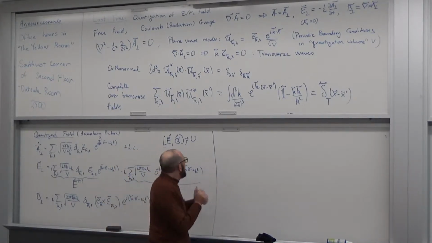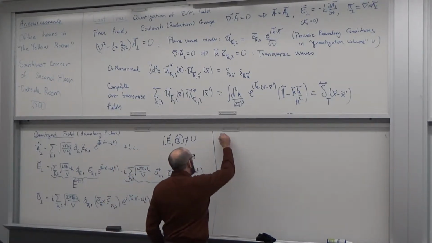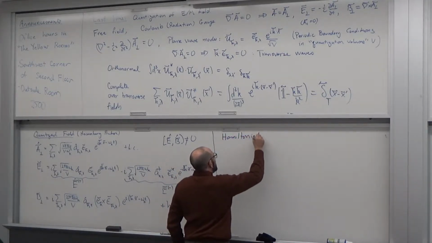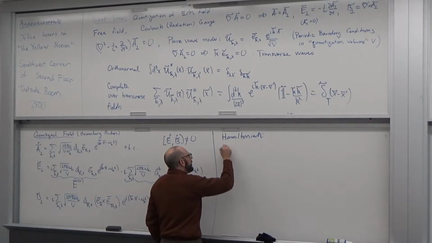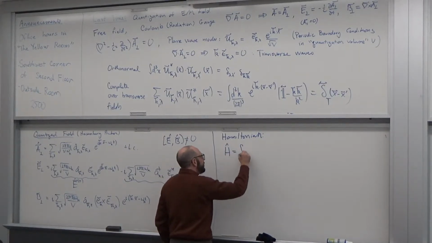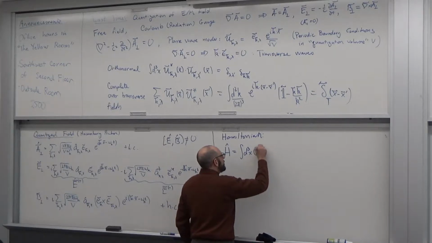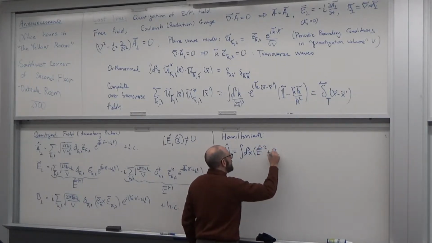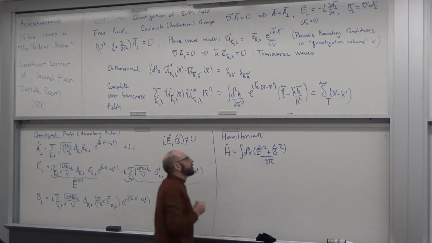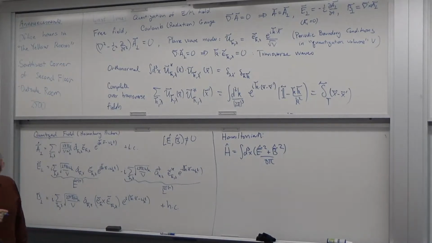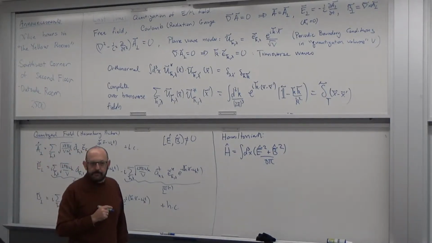In writing this down, we then said if we wanted to look at the Hamiltonian of the field, it is just the total energy in the electromagnetic field, which is the integral over the quantization volume of the energy density in the field.